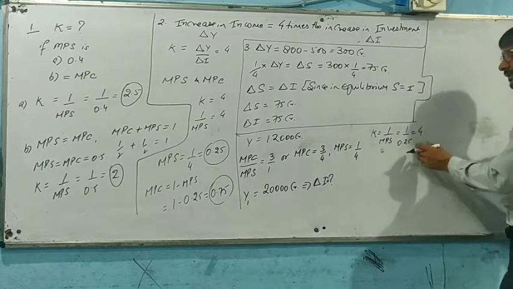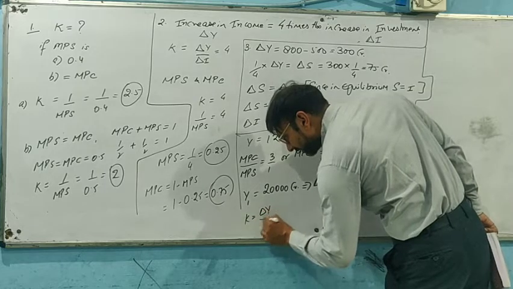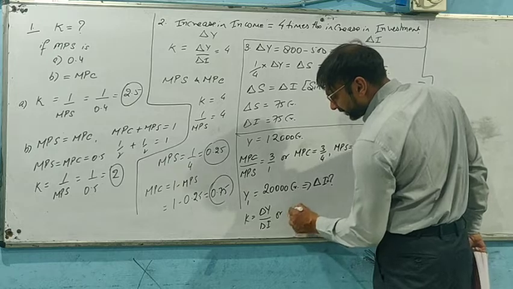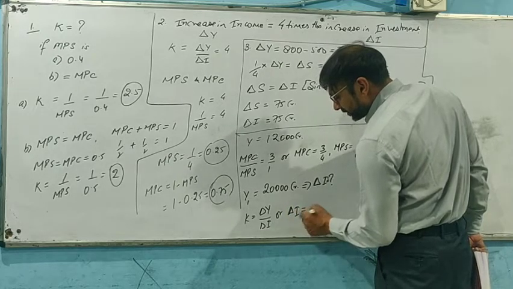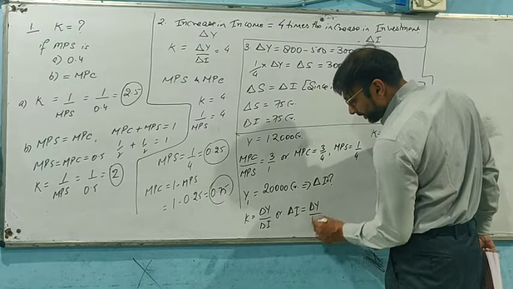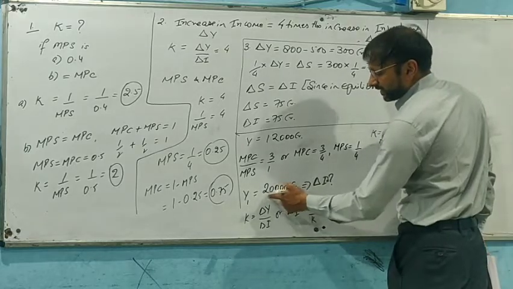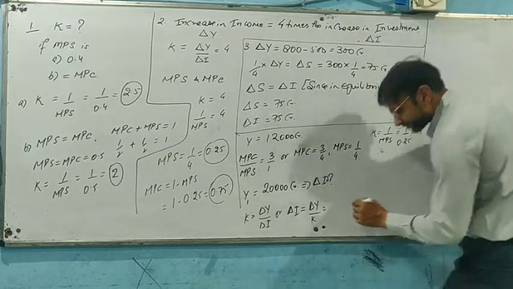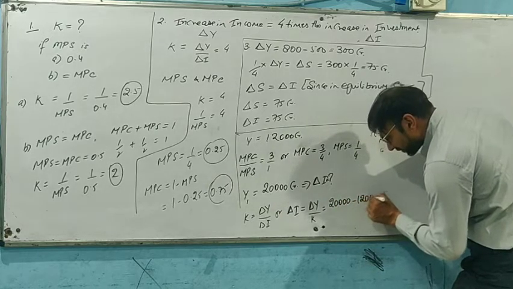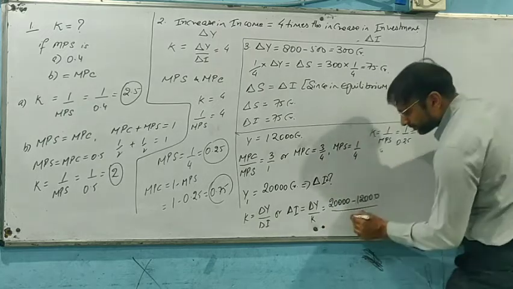Now, if K is 4, we put it into the formula K = delta Y upon delta I, or by interchanging the values, delta I equals delta Y upon K. Delta Y will be 20,000 minus 12,000, upon K, which we have already found as 4.